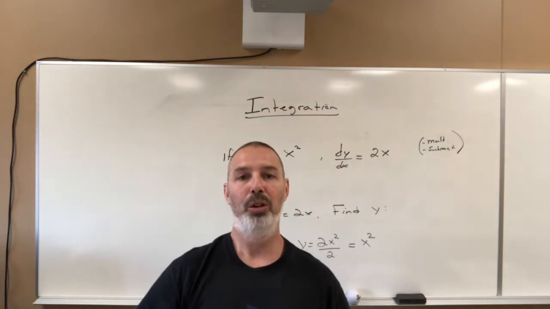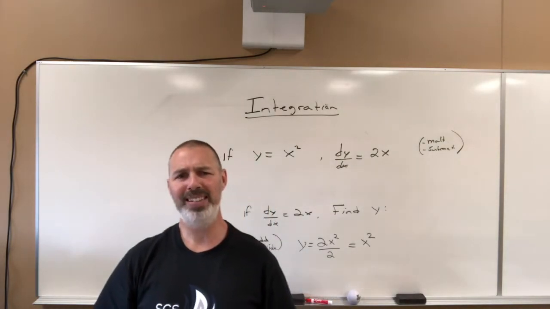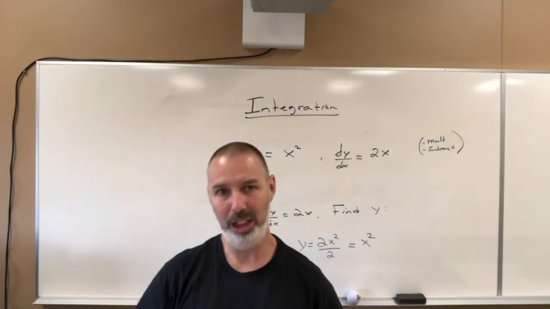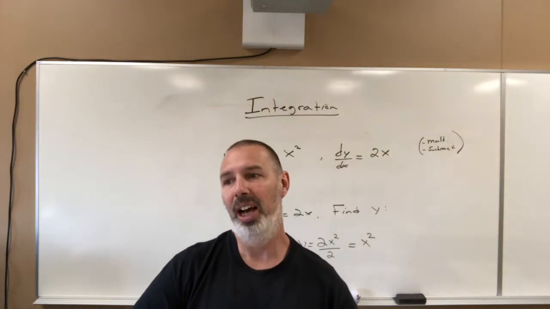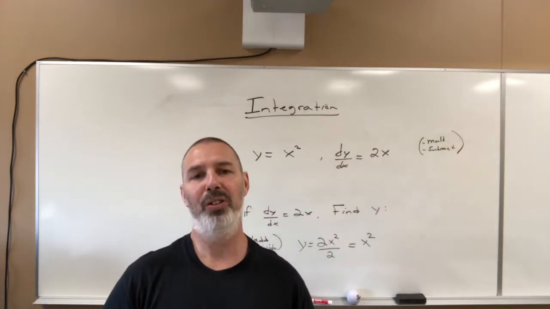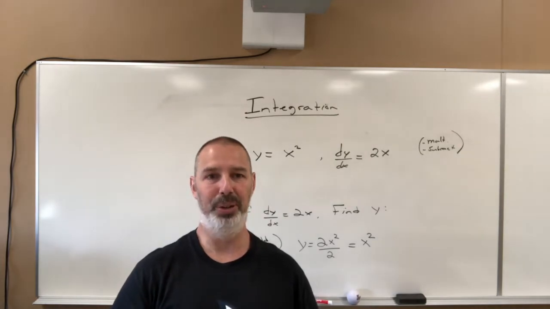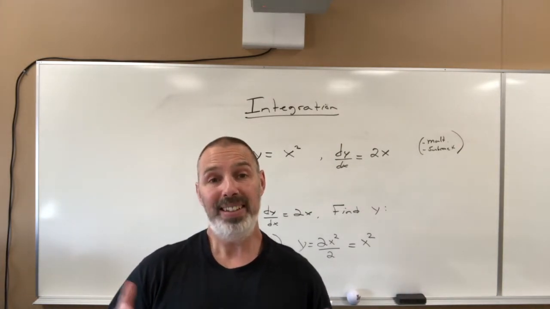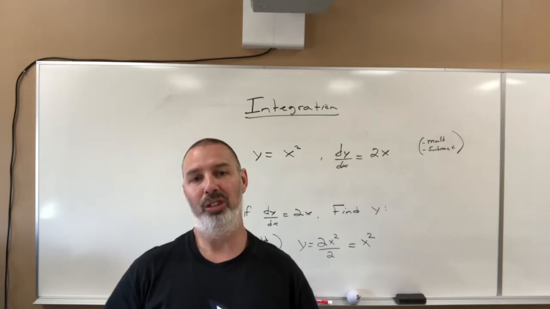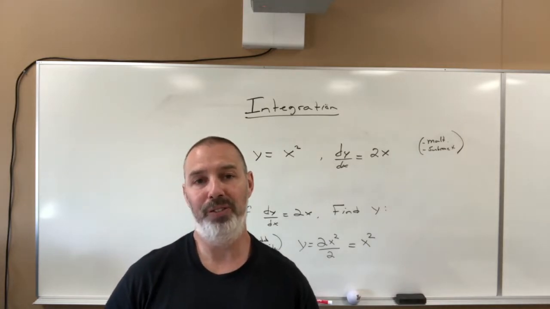Today we're just going to talk a little bit about indefinite ones. Indefinite integration is often also called the antiderivative, and basically the antiderivative is the reverse process of finding the derivative.